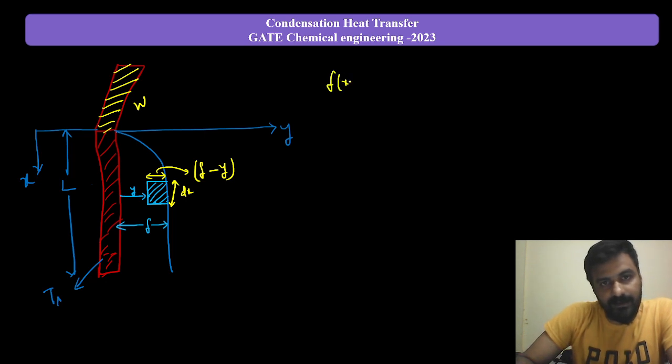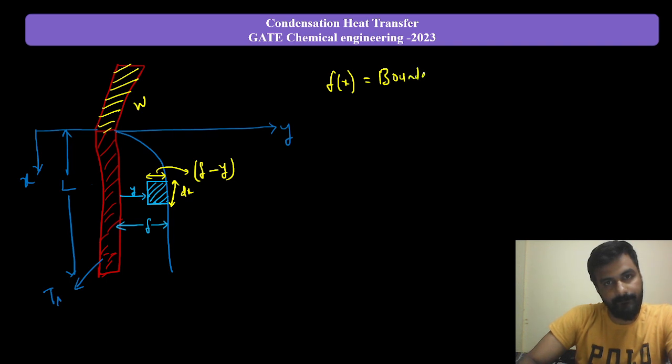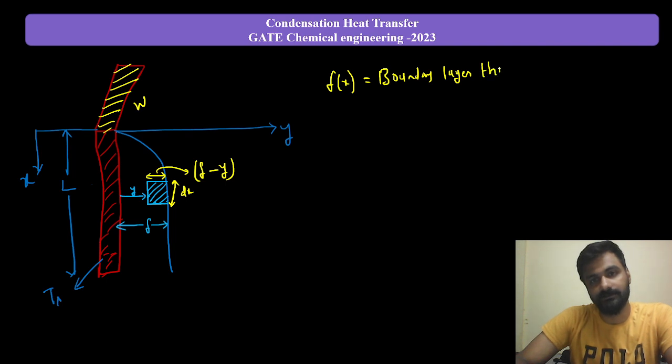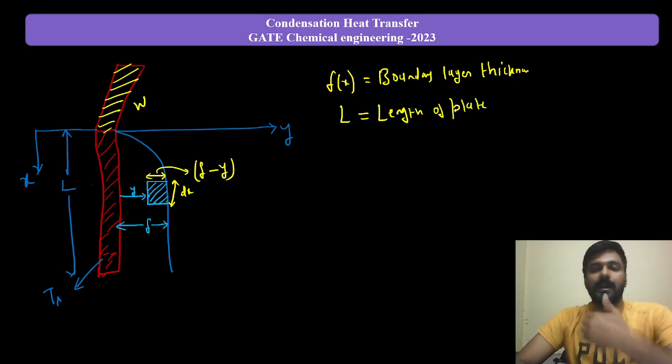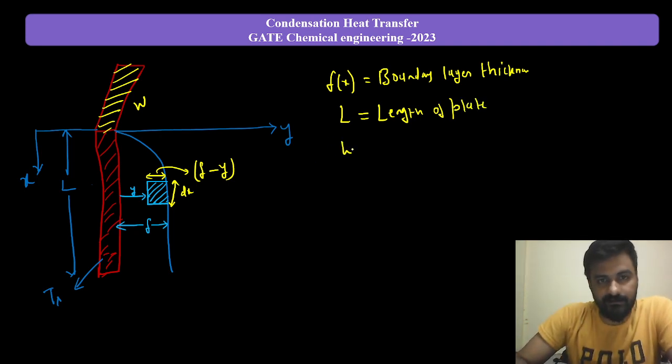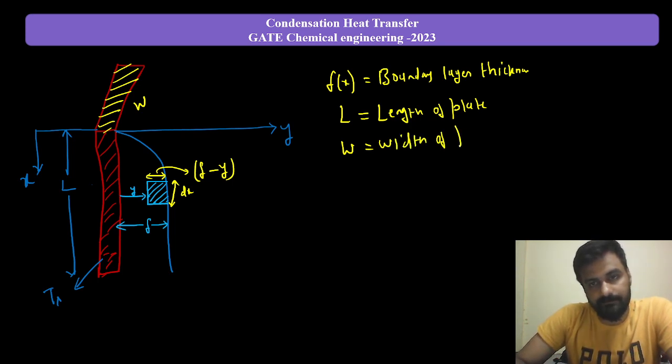Delta x is the boundary layer thickness, L is the length of the plate at which condensation will take place, and W is the width of the plate along the Z direction.